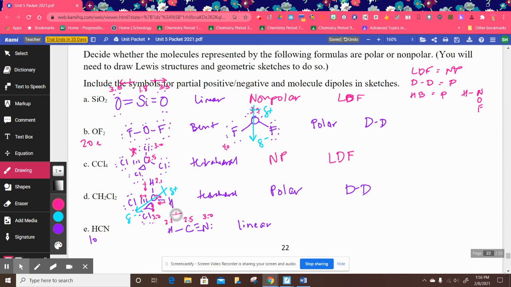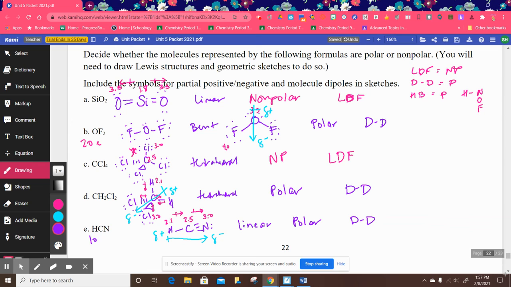So electrons are being pulled toward the carbon, and then these shared pairs are being pulled toward the nitrogen. So overall, the molecular polarity is toward the nitrogen. So that side is going to be partially negative. This side is partially positive. Okay? So this is a polar molecule. And again, dipole-dipole, yes, it has hydrogen, but the hydrogen is bonded to carbon. Okay? For it to be hydrogen bonding, hydrogen has to be bonded to N, O, or F.